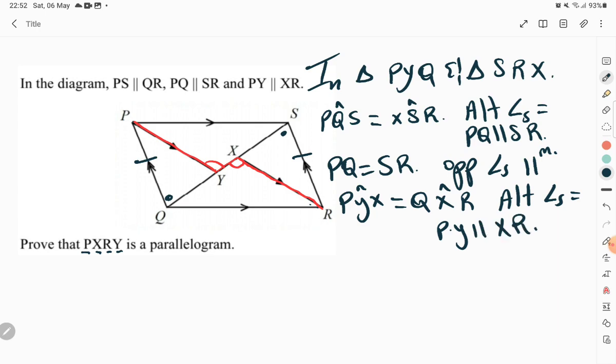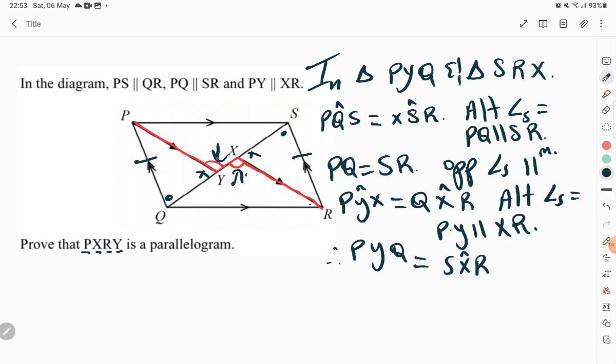Then I think if these angles are equal to each other, they will need the very same angles over here because these are angles on a straight line. So that means angle OPYQ, which is this angle, is going to be equal to angle SXR, and the reason for this is because these are angles on a straight line.